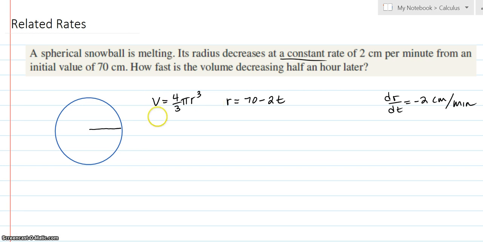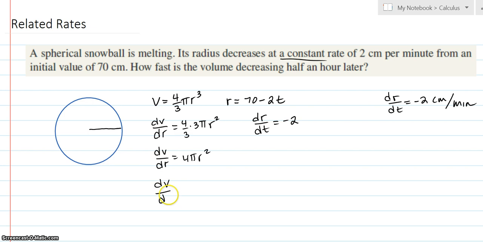So notice what we have here. We have dV/dr, which by the way is 4/3 times 3 pi, which is a constant, r squared, which is the same as, the 3's cancel, 4 pi r squared. And we have dr/dt, we said over here, is negative 2, in centimeters per minute. We're looking for dV/dt.